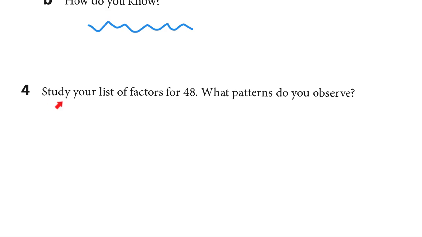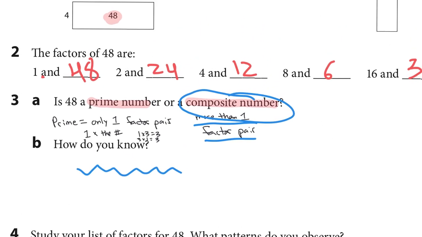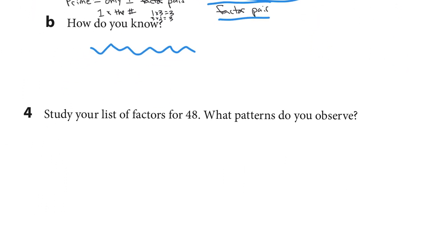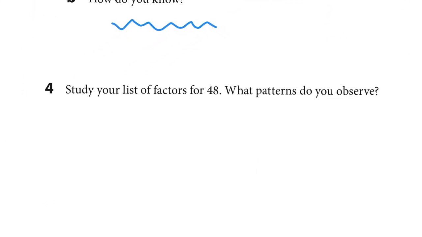Down here it asks you to study the list of factors, which I would say the easiest way to study it would be to look at these pairs here. And it says, what patterns do you observe?